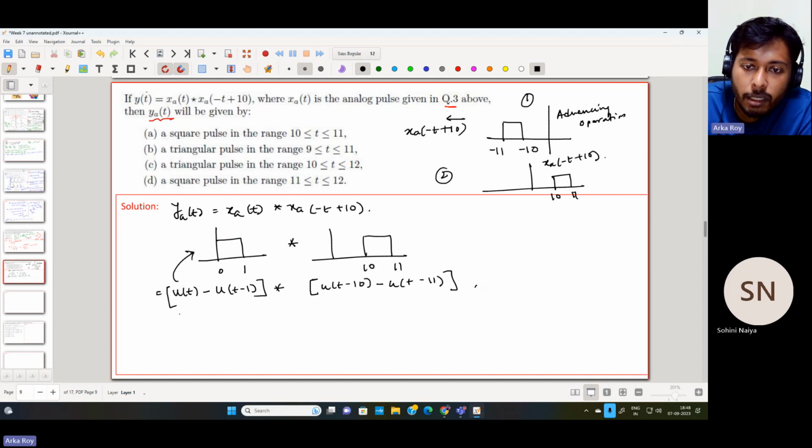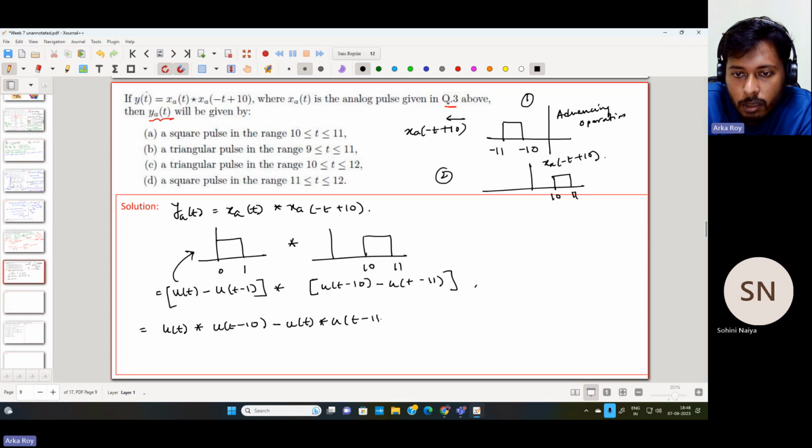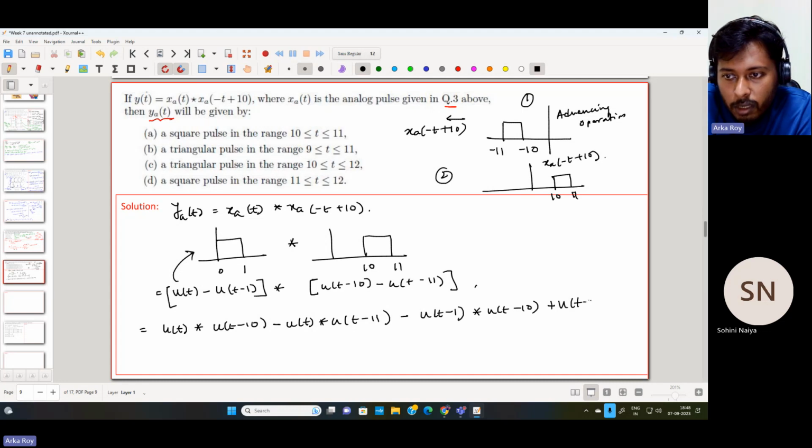Now I'll apply the convolution operation between these two signals: u(t) convolved with u(t minus 10), minus u(t) convolved with u(t minus 11), minus u(t minus 1) convolved with u(t minus 10), plus u(t minus 1) convolved with u(t minus 11).